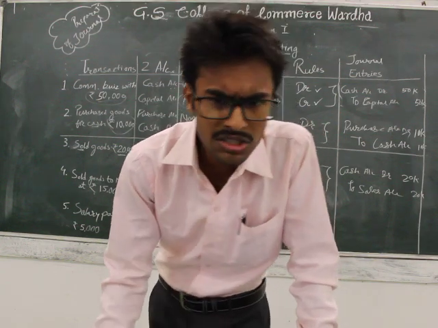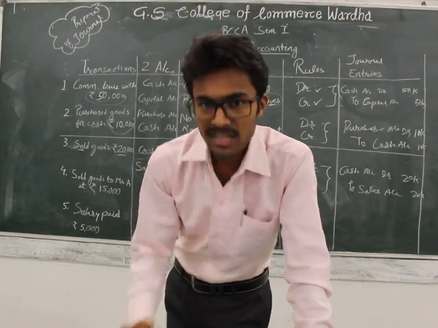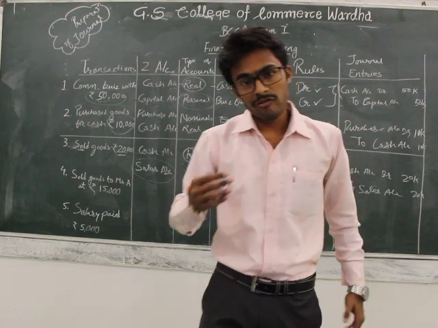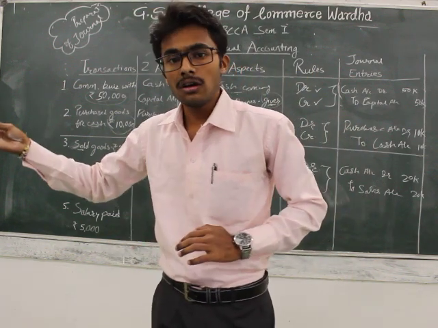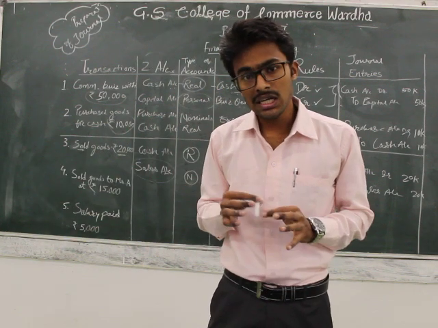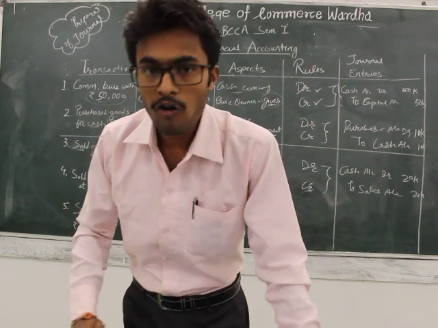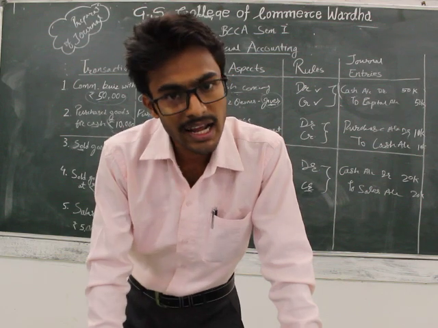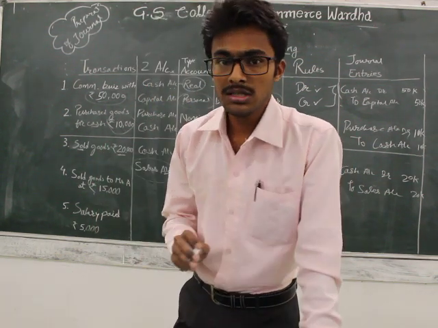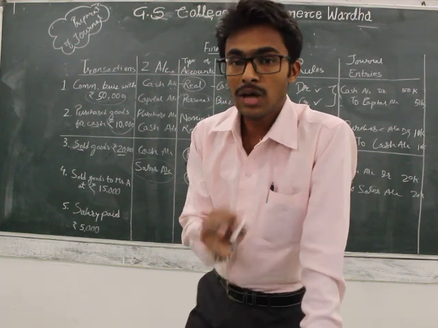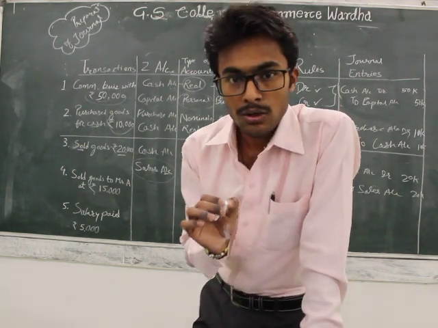That will be a cash transaction. And if I have purchased goods or sold goods and am paying or receiving the money after the date of transaction, that transaction will be known as a credit transaction. That means udhar ka transaction, udhari len den.